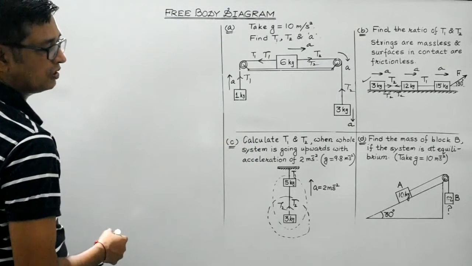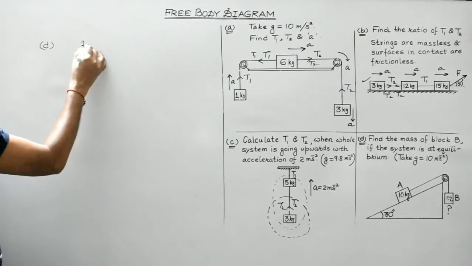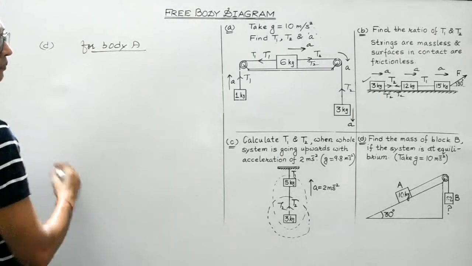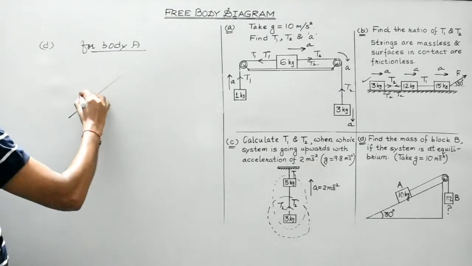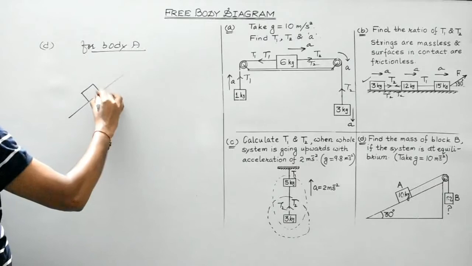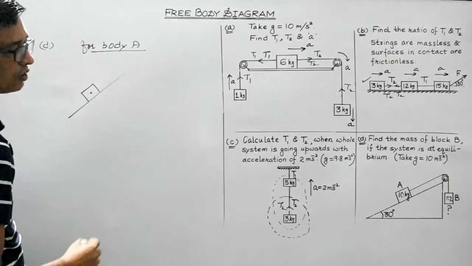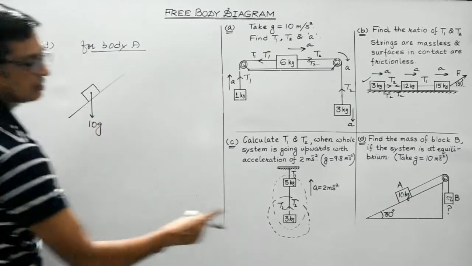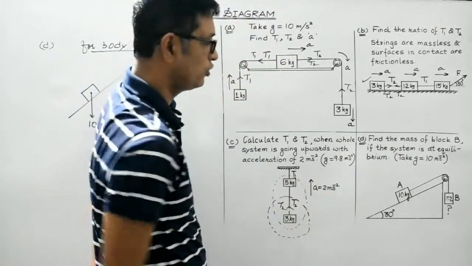So let's draw the diagram for body A. This is body A. So what are the forces acting on it? One is its weight. Mass is 10, so weight would be 10 into g.